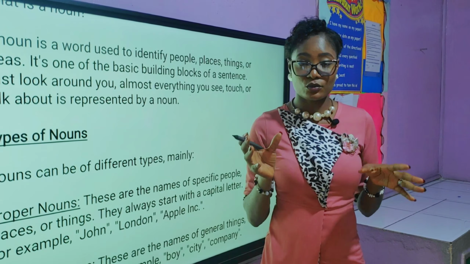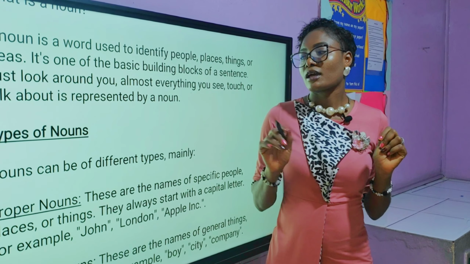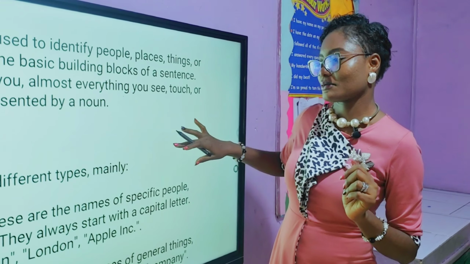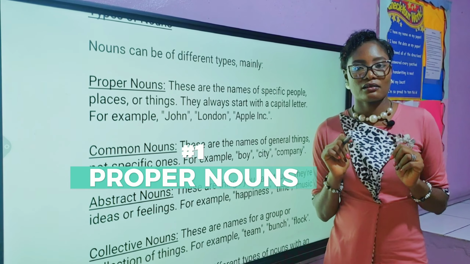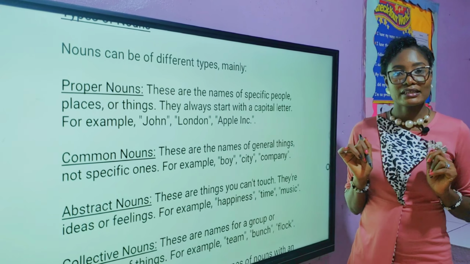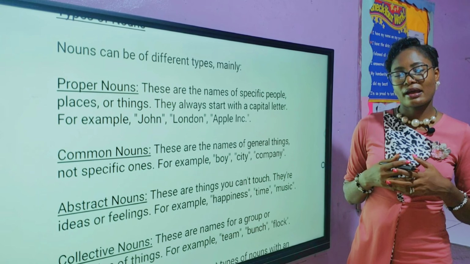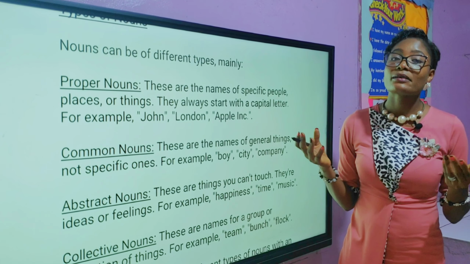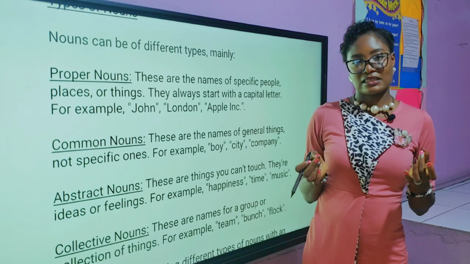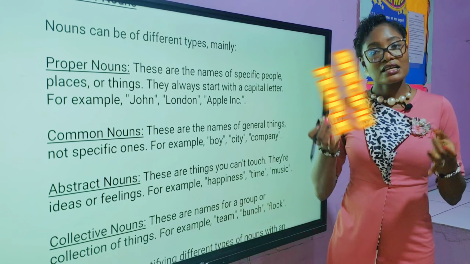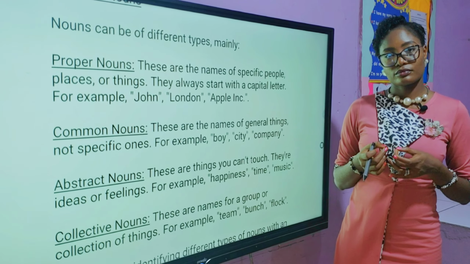So the first batch, we're going to be looking at just 4 very important types of nouns. Right, proper nouns, that's top on the list. What do we mean by proper nouns? They are names of specific things, specific places, specific ideas, specific people.